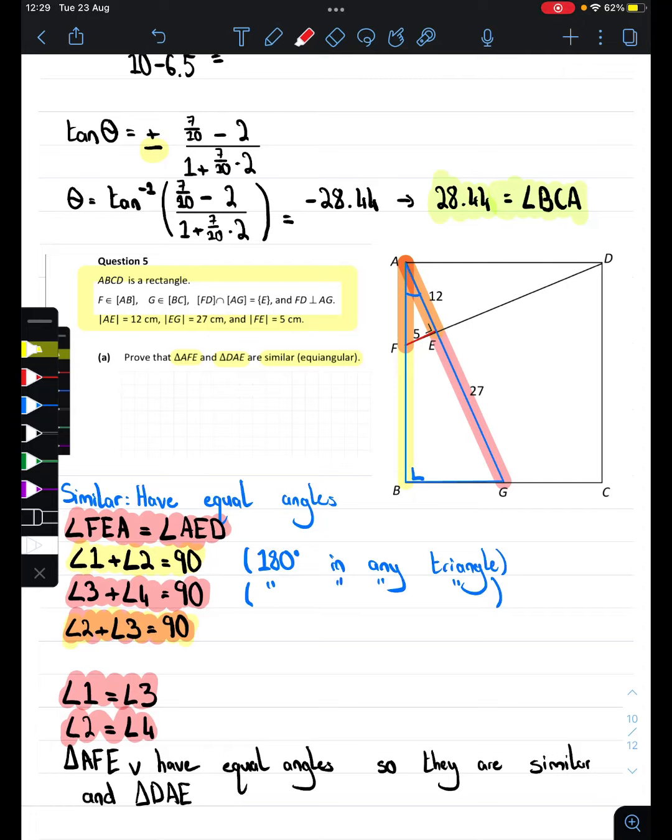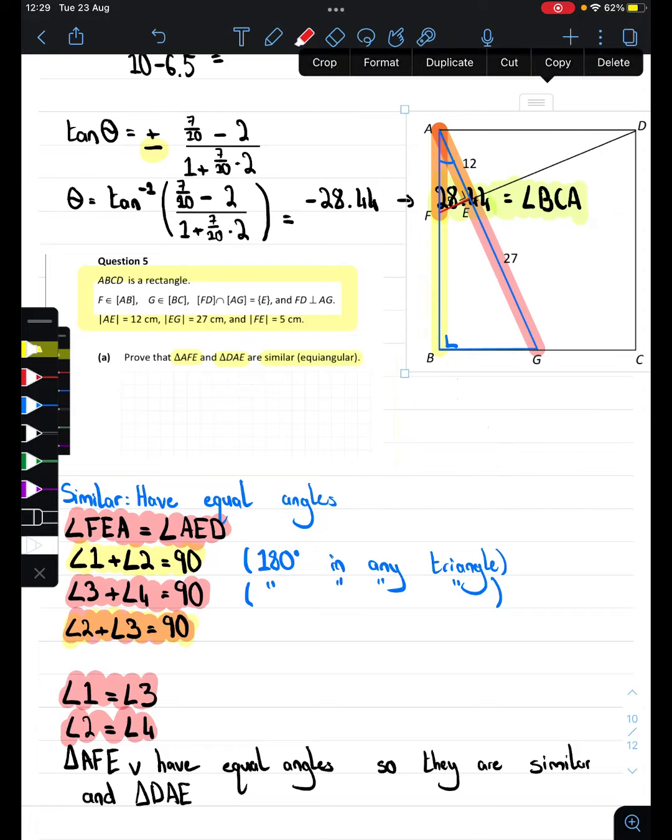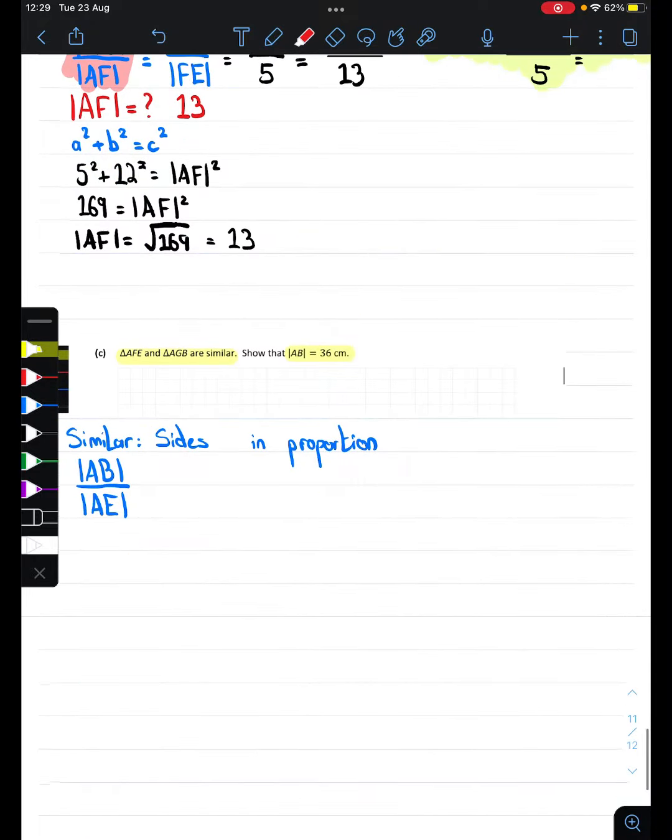So AG over AF. So the hypotenuse over the hypotenuse.